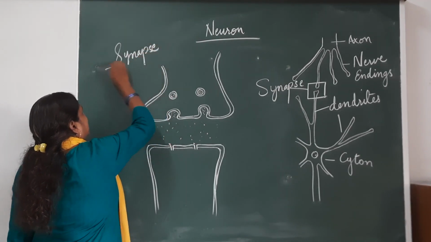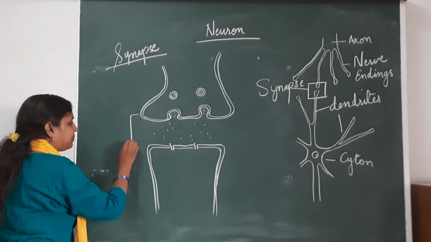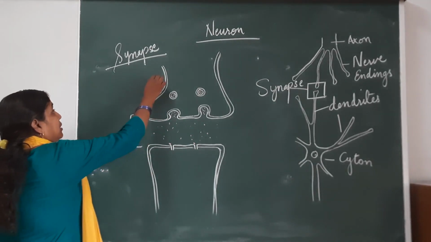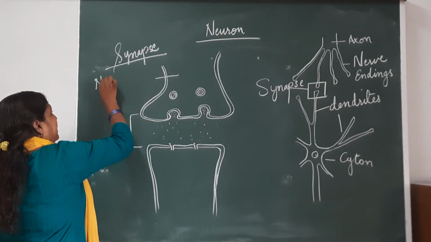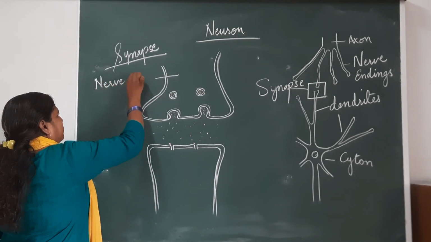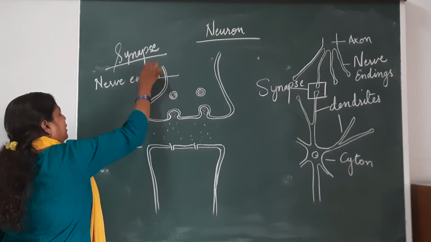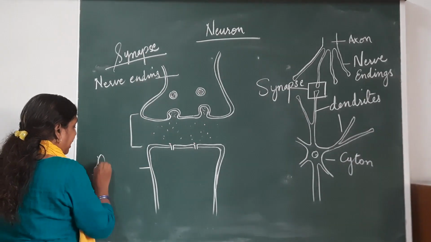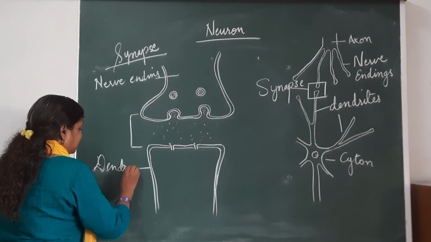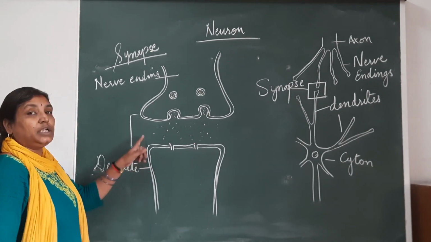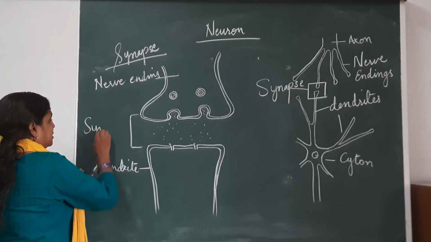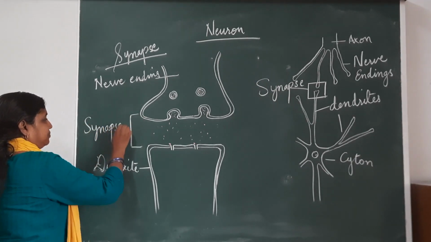Now which is the exact position of synapse? This part. Where the nerve ending of one neuron and the dendrite of another neuron meet each other. So this part is known as synapse.